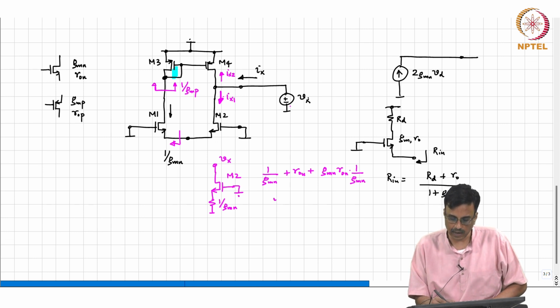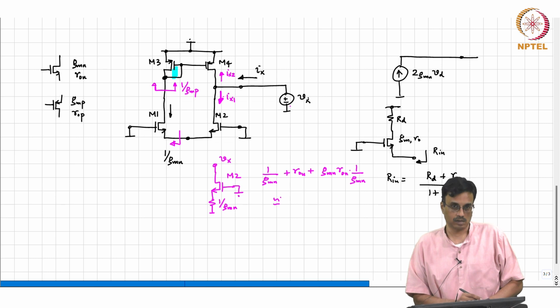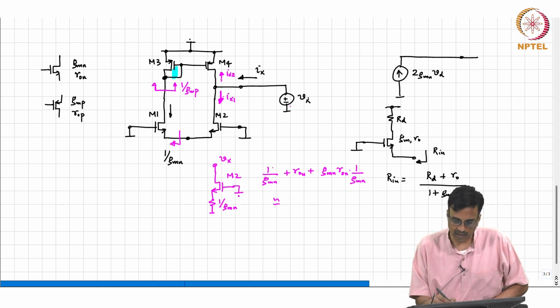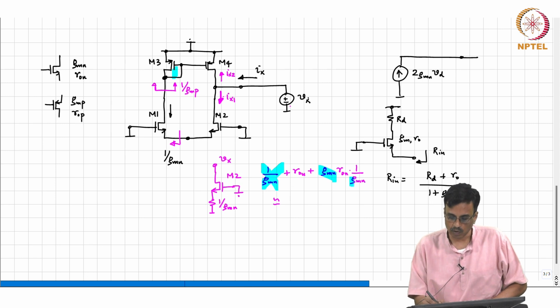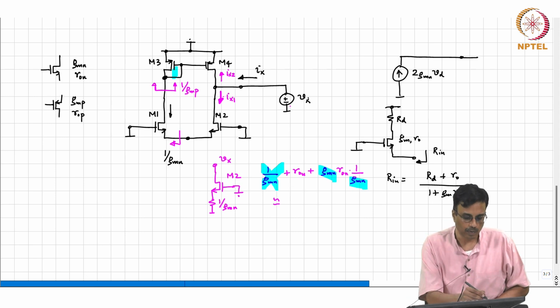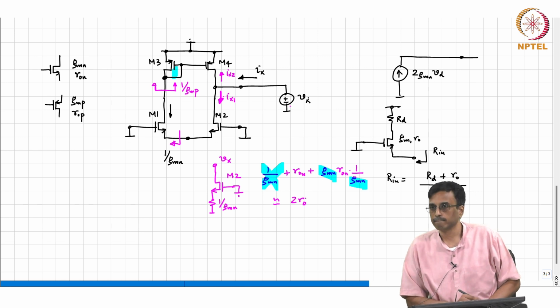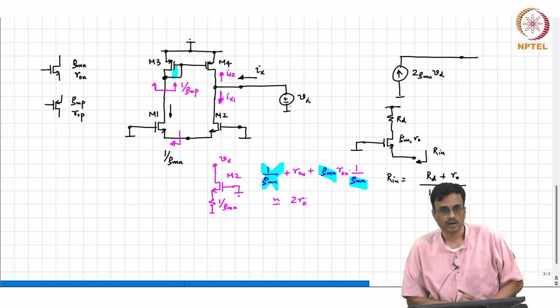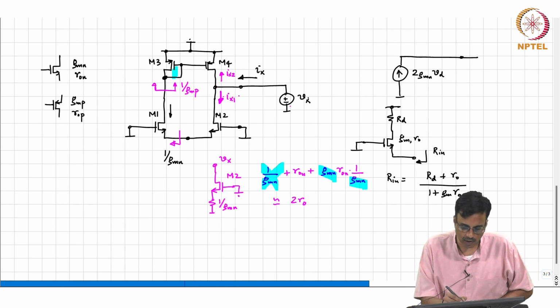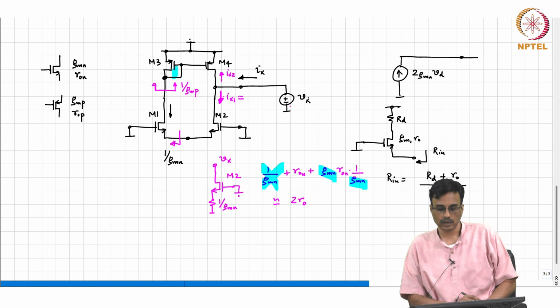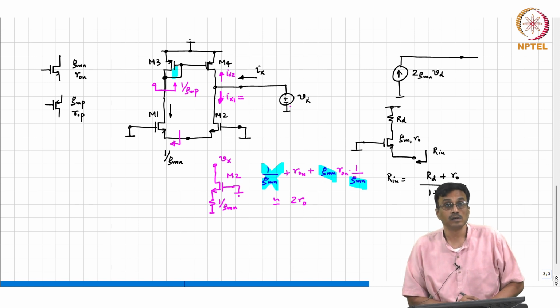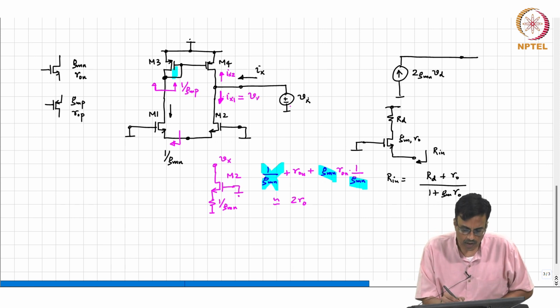So this is approximately... So this can be neglected, this goes away, and this is approximately 2R0. Does it make sense? Okay. So Ix1 is therefore nothing but Vx over 2R0.